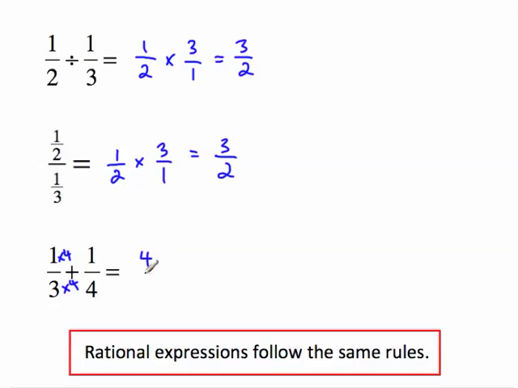So 1 over 3 becomes 4 over 12 as we multiply both numerator and denominator by 4. Similarly, to get 4 up to 12, we need to multiply the denominator by 3, so we do the same to the numerator, and 1/4 becomes 3/12. So 1/3 plus 1/4 becomes 4/12 plus 3/12, which is 7/12. And again, rational expressions are going to follow all these same rules.